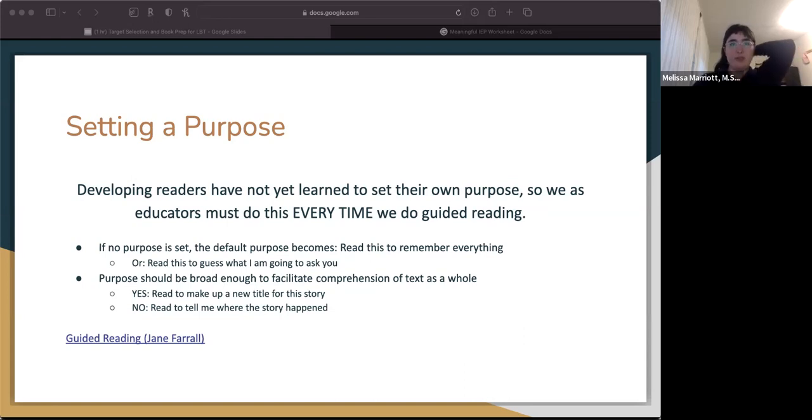So thinking more along the lines of "read to make up a new title for this story," right? In order to make up a new title, you really have to understand kind of everything that happens. Another one could be "read to make a personal connection to the character." And in which case, it's important to understand the entirety of their experience.